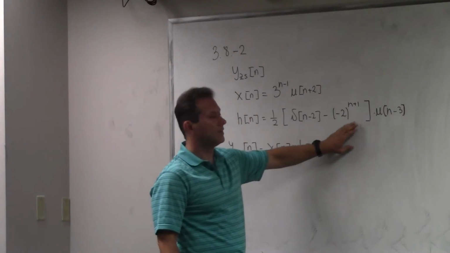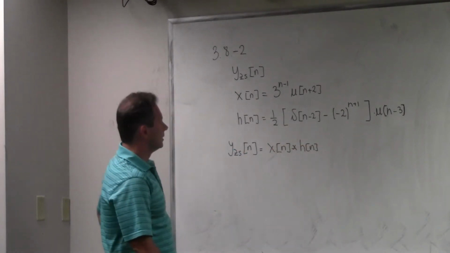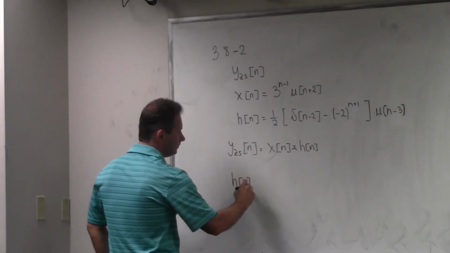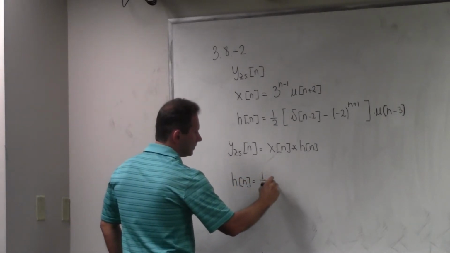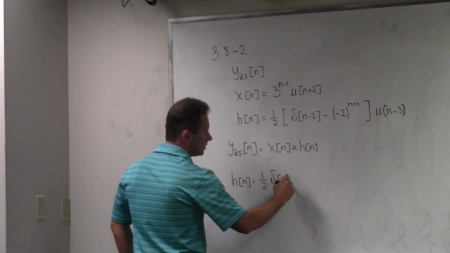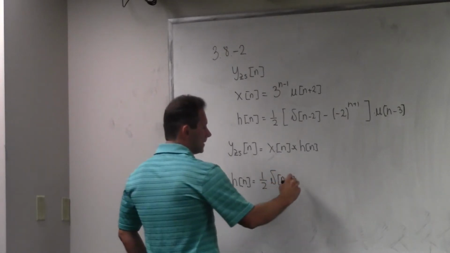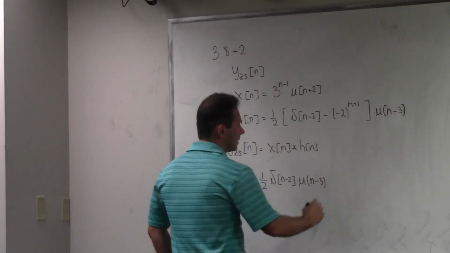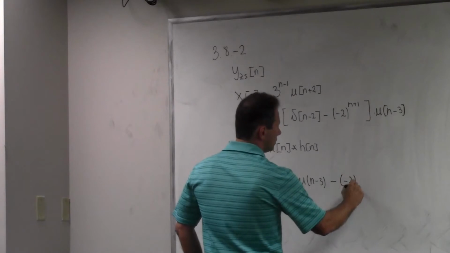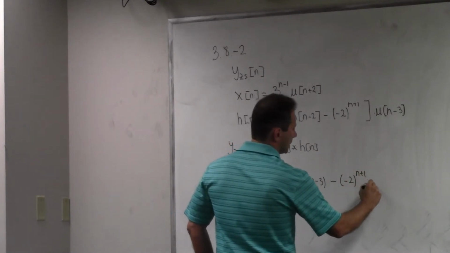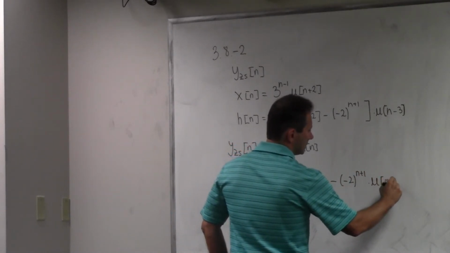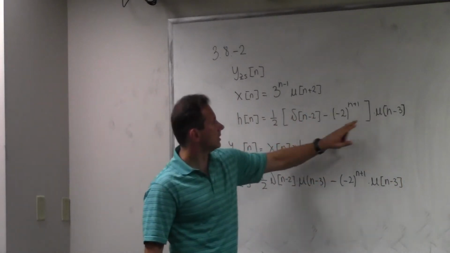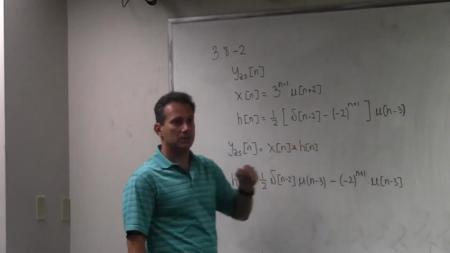So let's just unwrap this one and see what it looks like. H of n is equal to 1/2 delta of n minus 2 times u of n minus 3 minus 2 n plus 1 times u of n minus 3. Just as it's written here, right? Because we can talk about this with this and then this with this here.